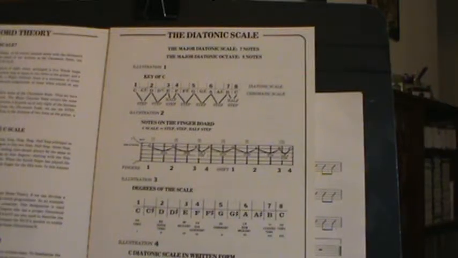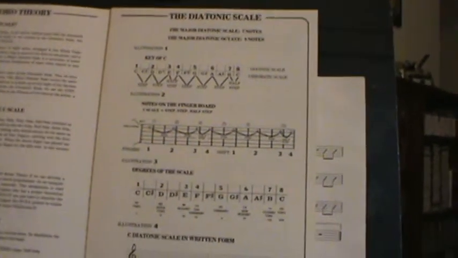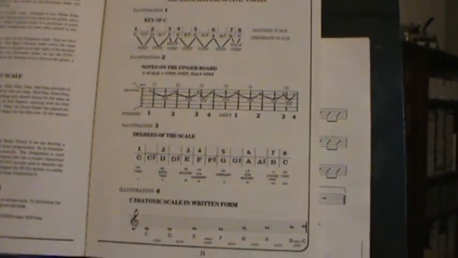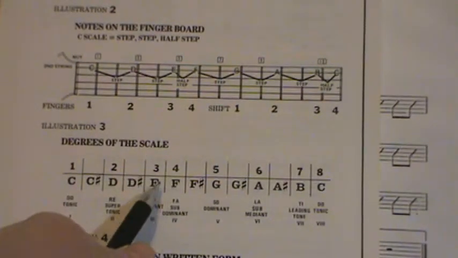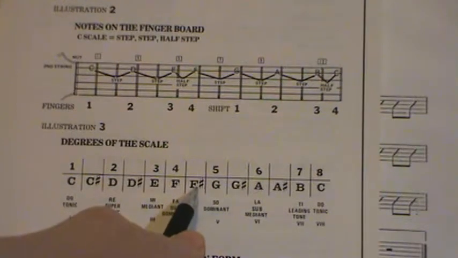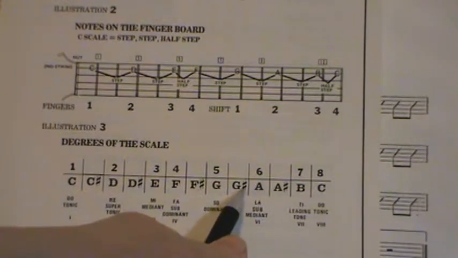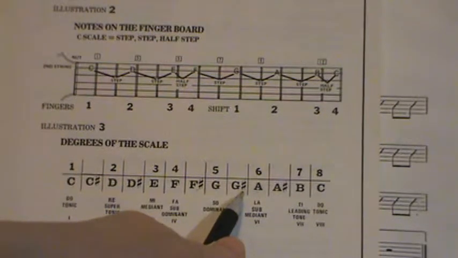Now when you're counting this chart here, when you do your count, E, F, you're not counting the sharps, so you're not counting F sharp, you're not counting G sharp, anything with that symbol right there.